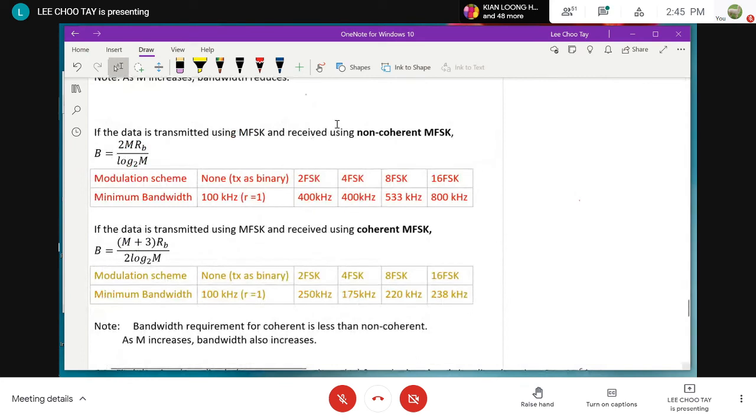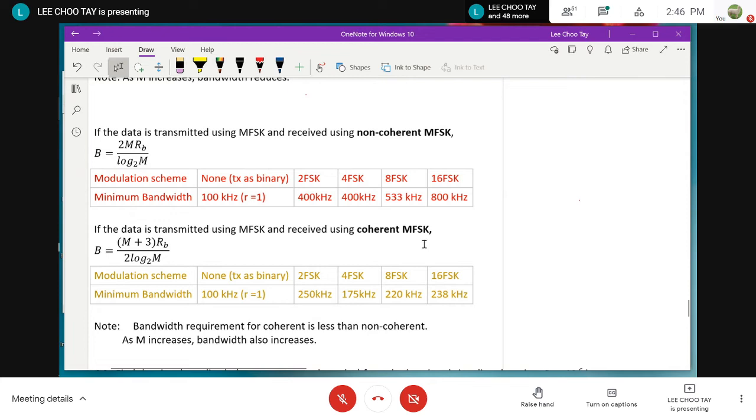For FSK, the bandwidth requirement depends a lot on how the signal is detected at the receiver. Do we use non-coherent or coherent detection? For PSK, only coherent is used. You cannot use a non-coherent detection method for PSK.